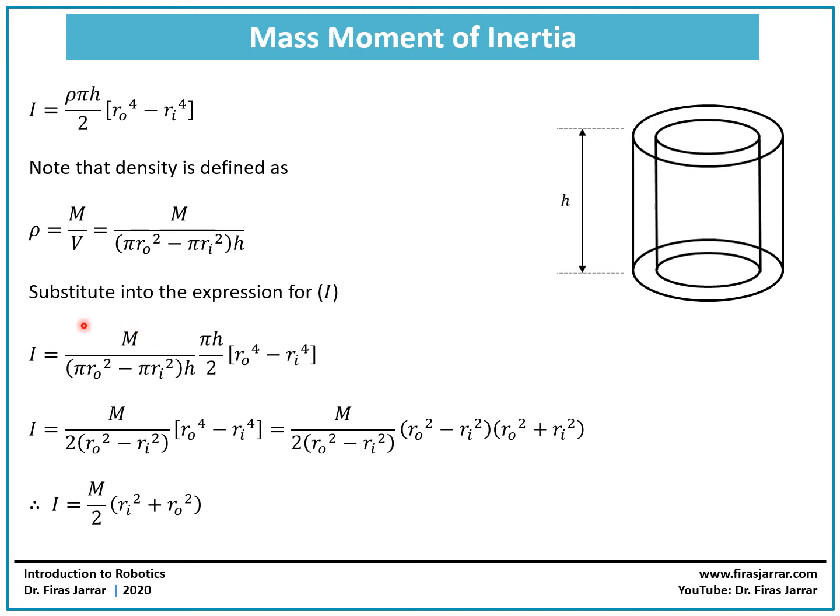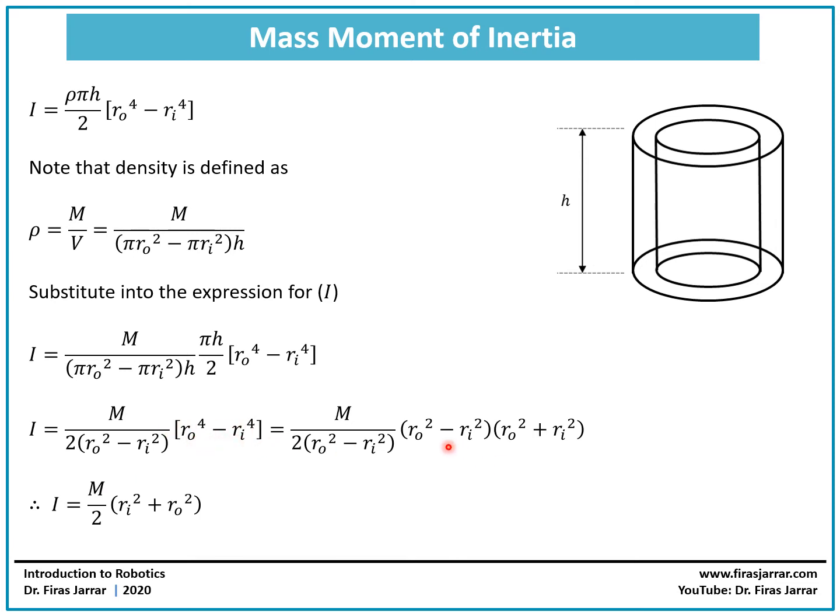Taking this now and substituting it back into our previous expression for the mass moment of inertia instead of rho, we have it here now, and you can see that the pi can be cancelled out, h can be cancelled out, and we can further simplify this expression.